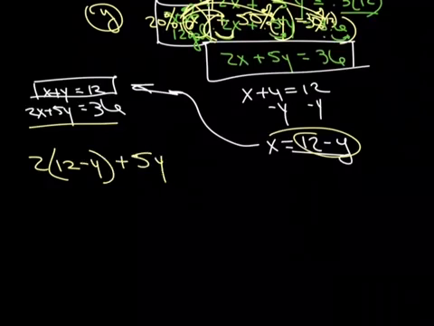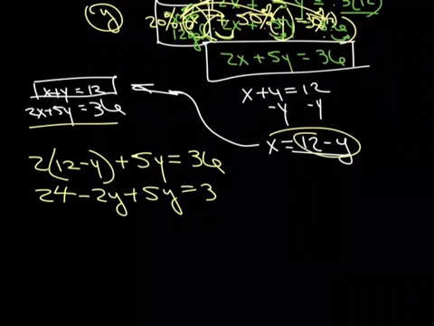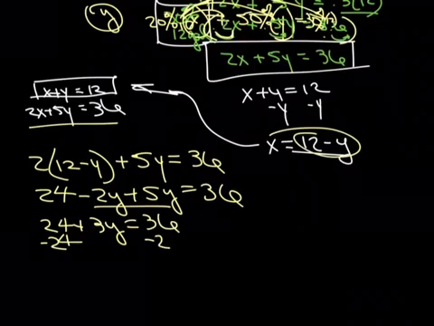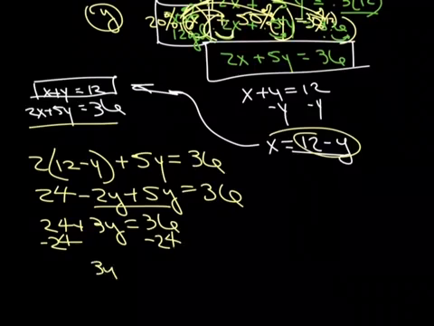Don't forget the 5y. Distribute. Add like terms. Get rid of my 24. Divide by 3.